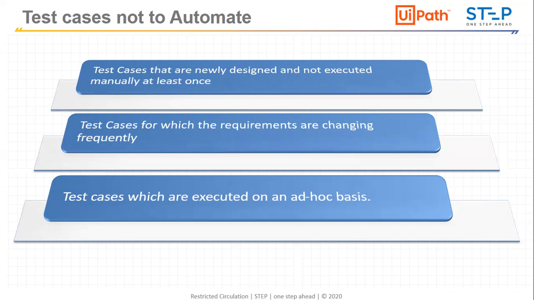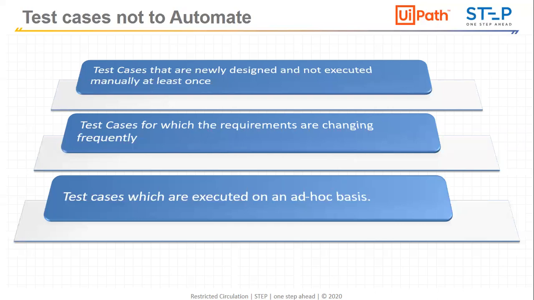Test cases which are newly designed and not executed manually are definitely not good candidates for automation. If I am directly jumping into test automation, these types of test cases, while doing functional testing or regression testing, are not good candidates.